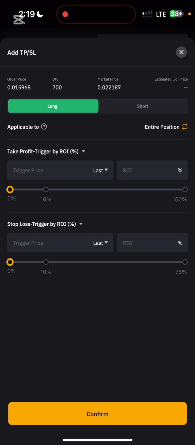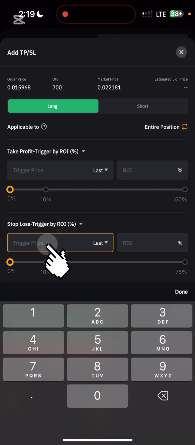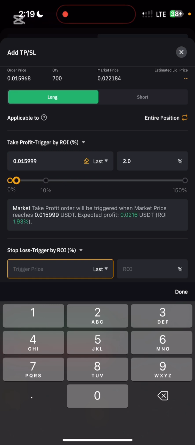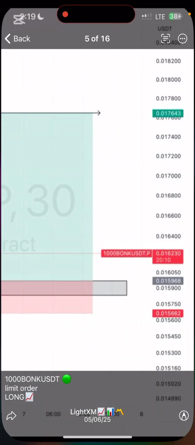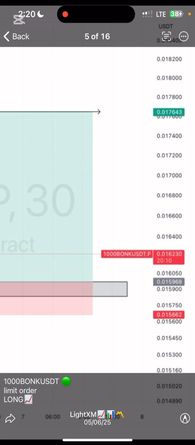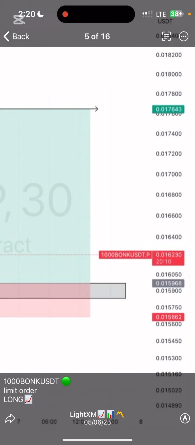This is where you are going to put your take profit, and this is where you are going to put your stop loss. So for that signal, let's check the stop loss. Like I said, the red part where numbers are written is actually your stop loss. So your stop loss is 0.015662.